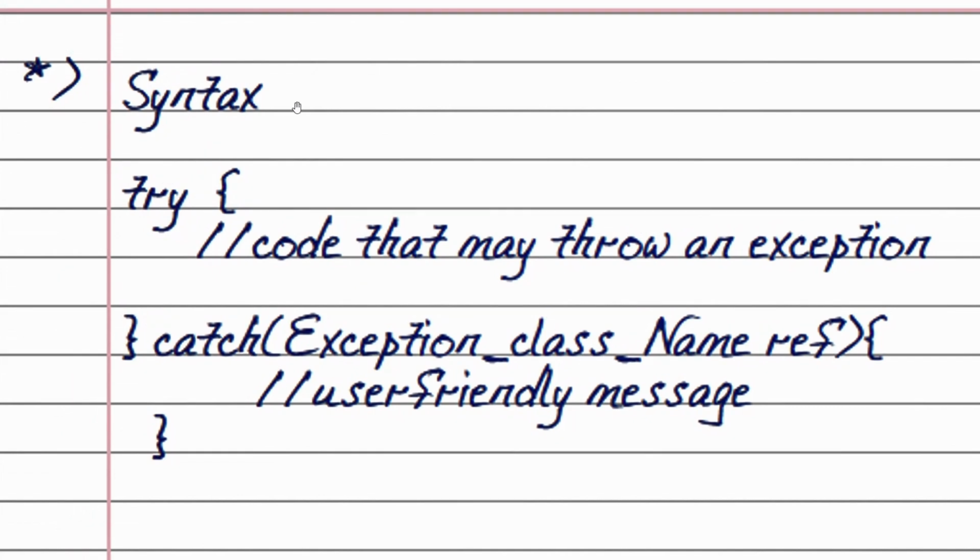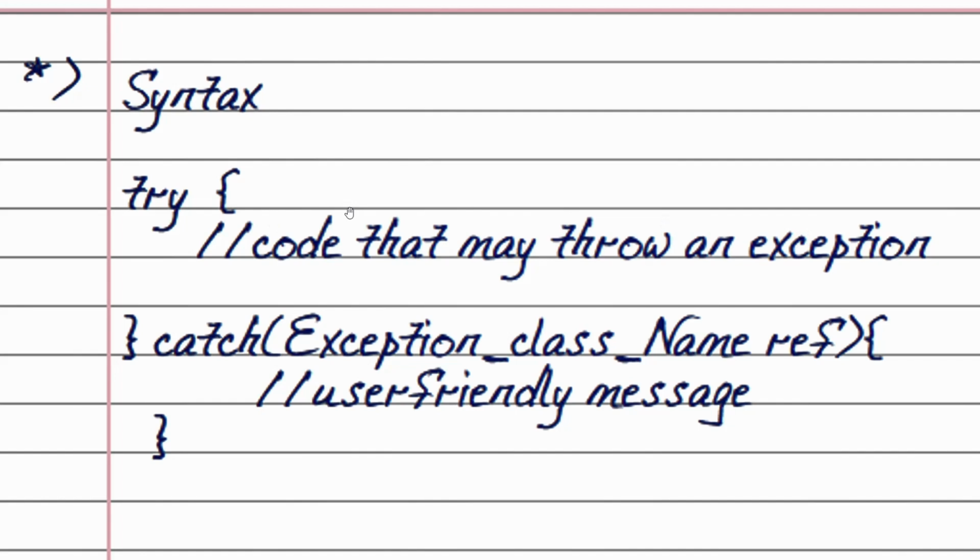Let's see the syntax of the try and catch block. First we write the try keyword, then curly braces, and here we write the error suspecting code or the risky code, the code that might throw an exception.